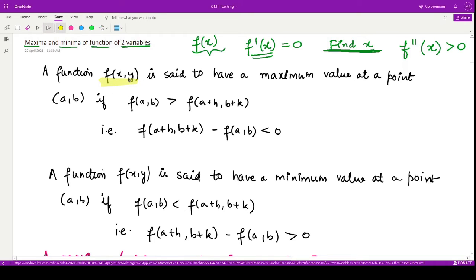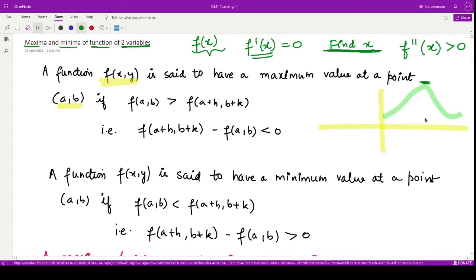We are saying that at the point a, b, this function would have a maximum value. Suppose these are the coordinate axes x and y, and you have some function of this kind.